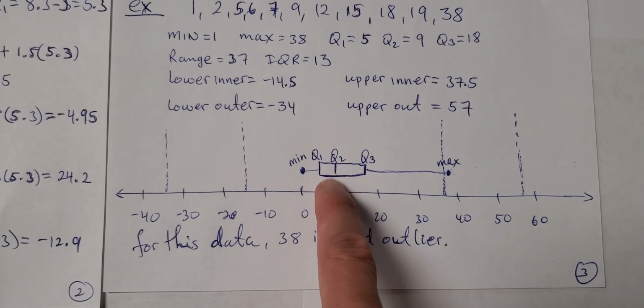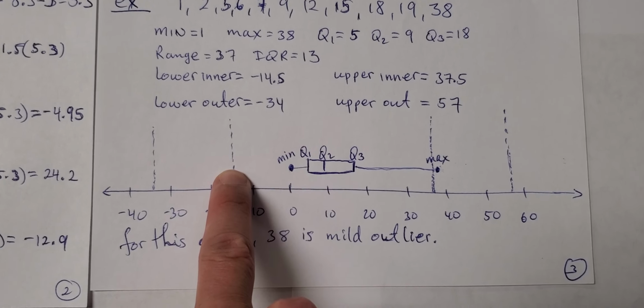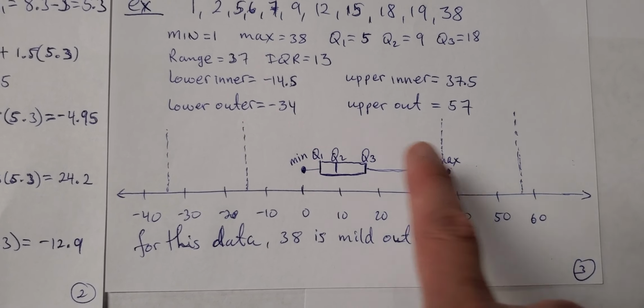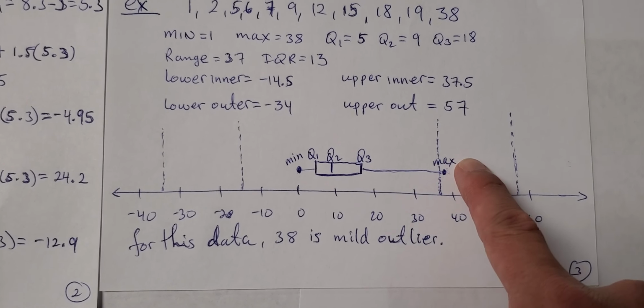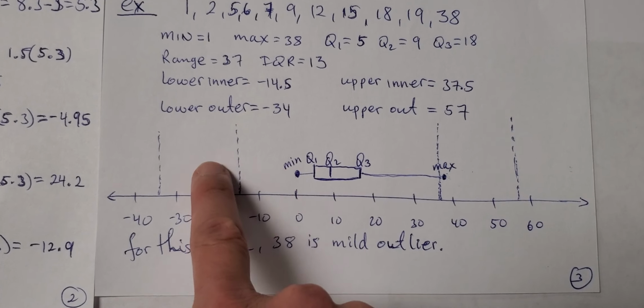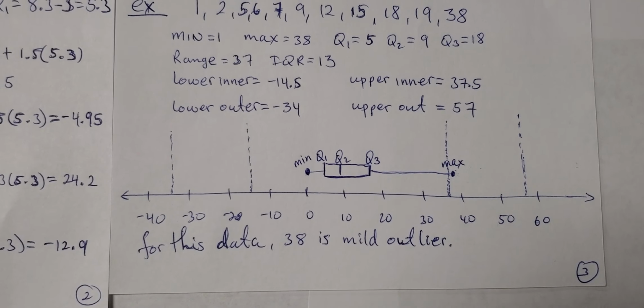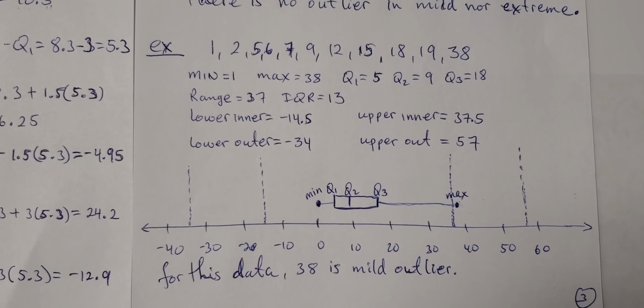The box plot, label the 5-number summary, label the lower inner, lower outer, upper inner, upper outer. Once you have that, find out the outlier. Is it weak, strong? Okay, so that's how you would do the homework for 5-number summary and outlier.